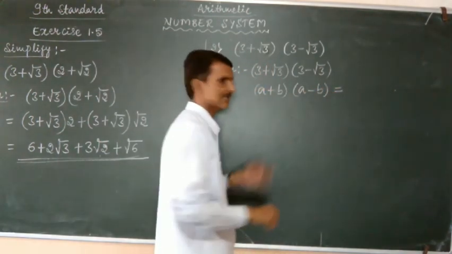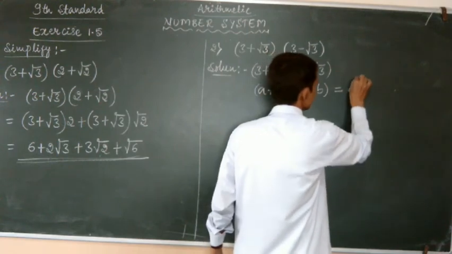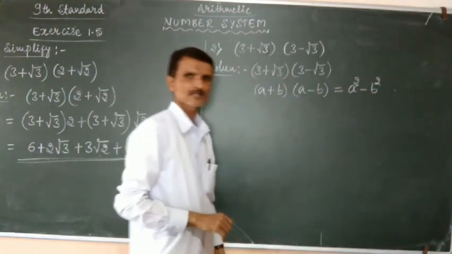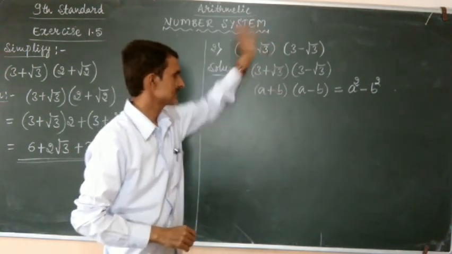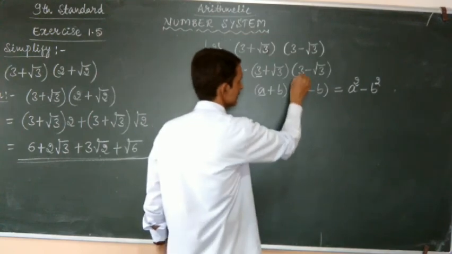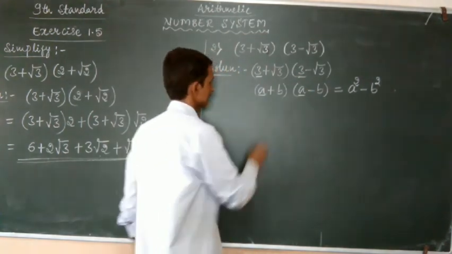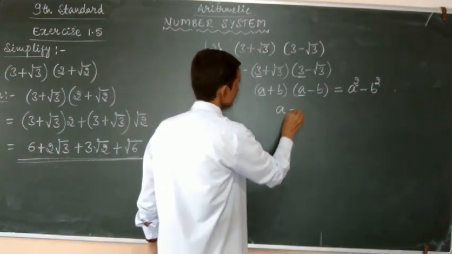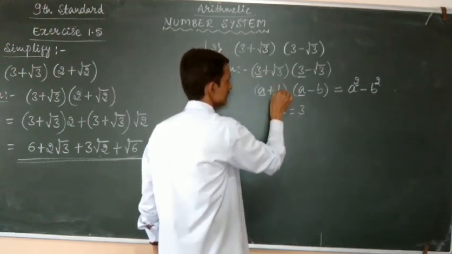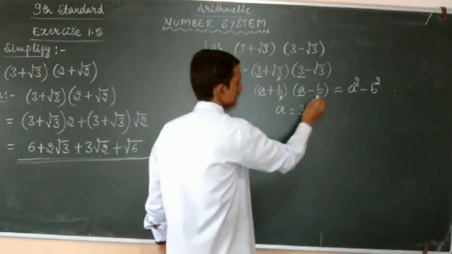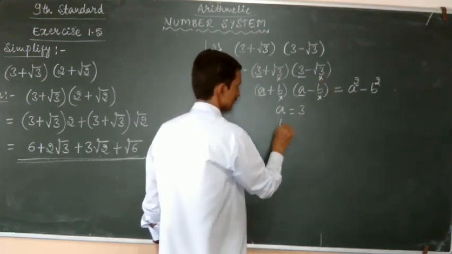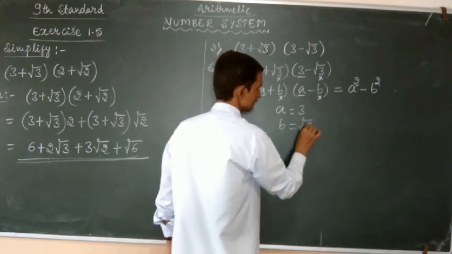So it will be written as a square minus b square. If you compare the LHS, in place of a there is a 3 in both the binomials. So therefore a equals 3. In place of b it is root 3 here, and here also in place of b it is root 3. So therefore b equals root 3.